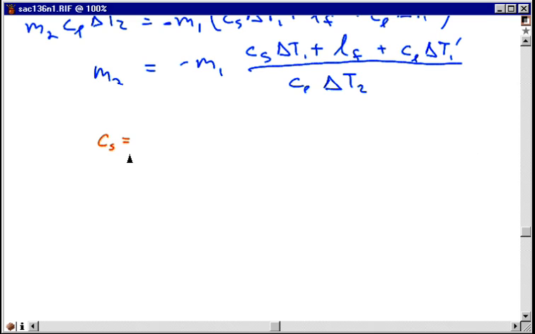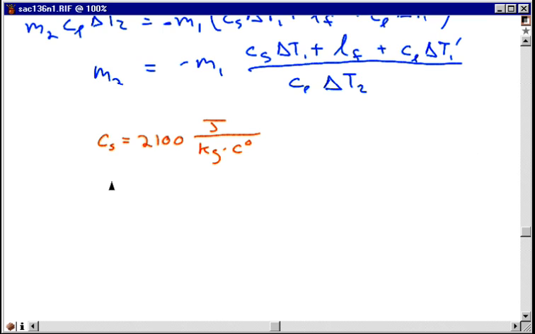I found 2100 joules per kilogram Celsius degree to be the value given in the textbook table, in SI units, with the energy unit being the joule.